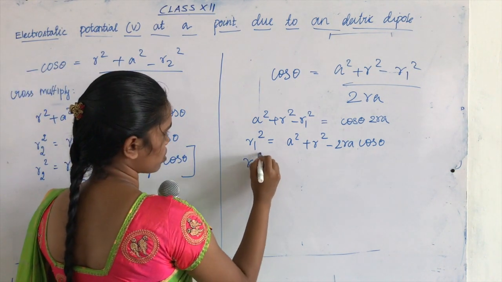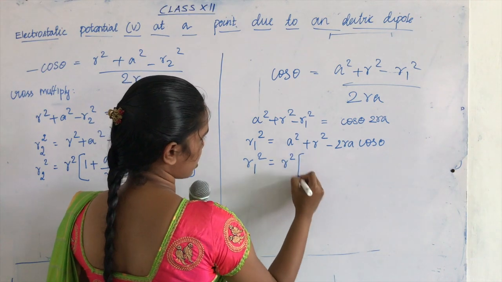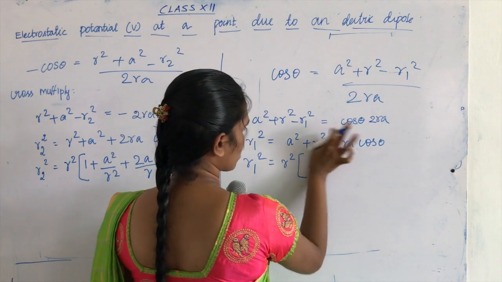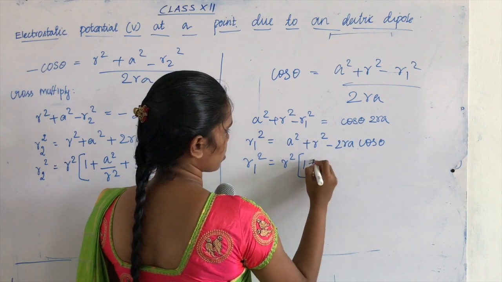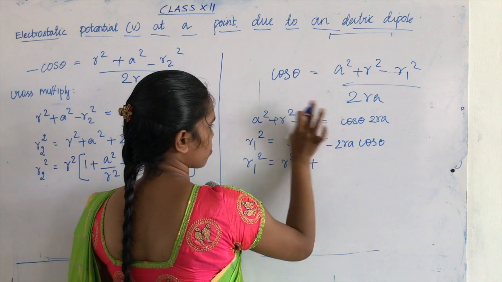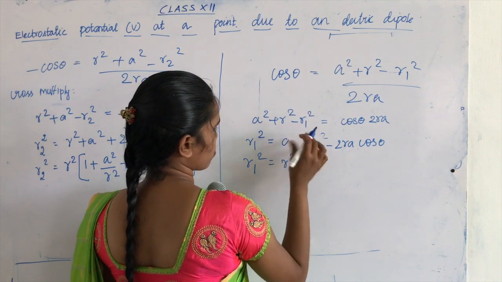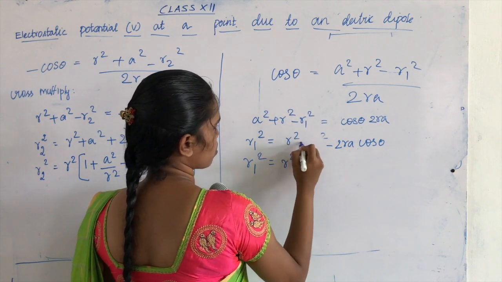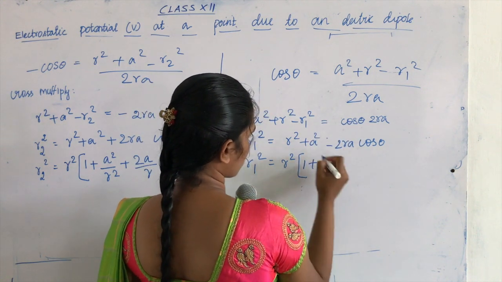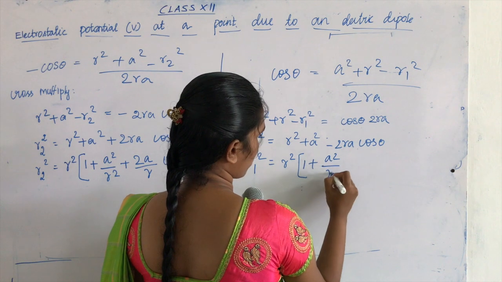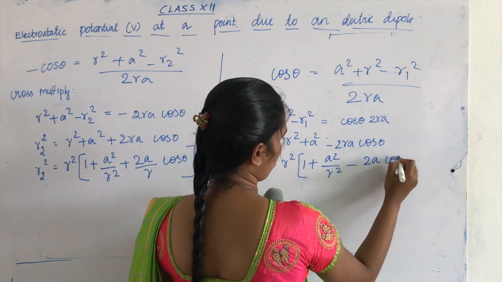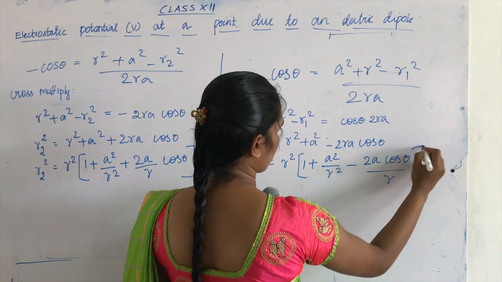Similarly, R1 square equal to R square times 1 plus A square by R square minus 2A cos theta by R.